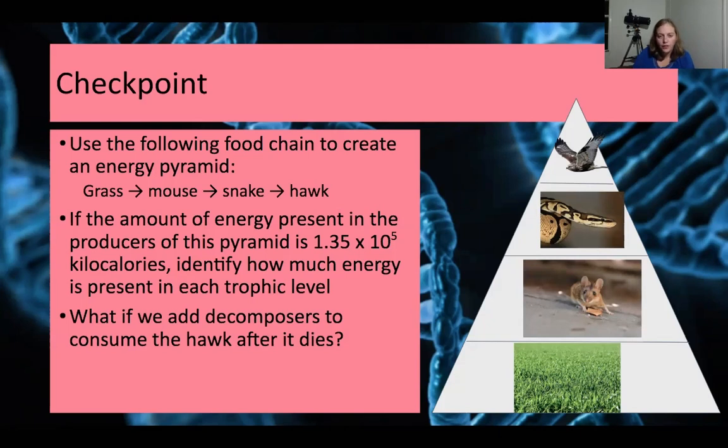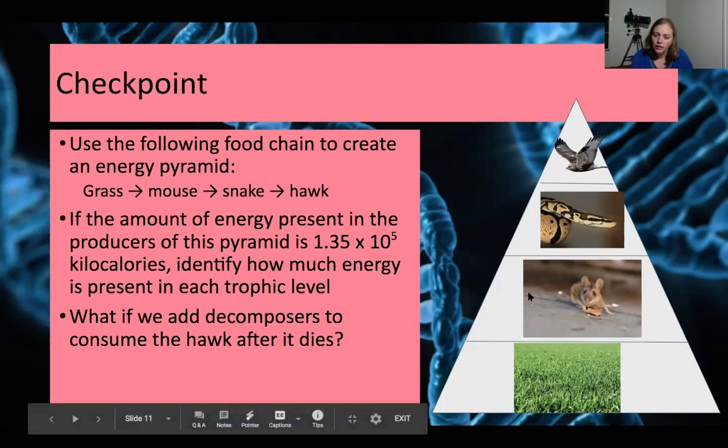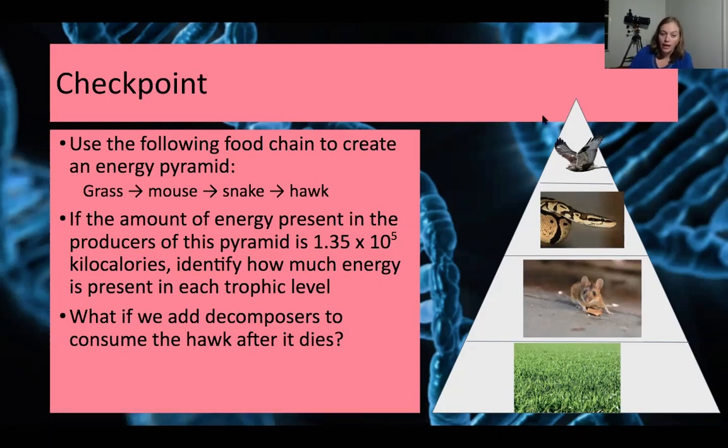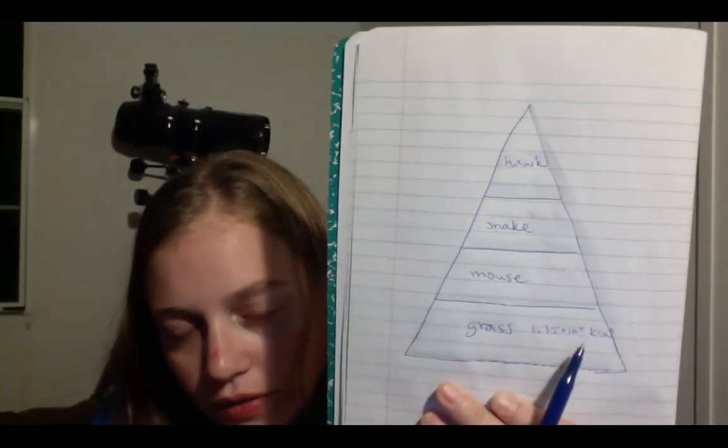Now, I've given you a number here. If you add 1.35 times 10 to the 5th kilocalories of energy available at this trophic level, then we need to look at how much energy is going to be available at each trophic level after that. So, I have drawn this out for you. Here is your number, 1.35 times 10 to the 5th kilocalories.